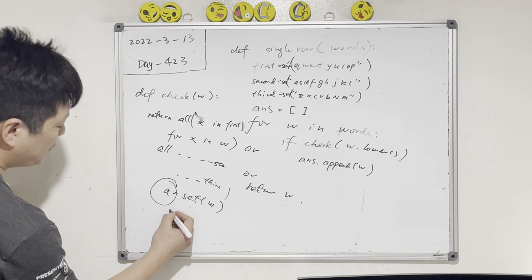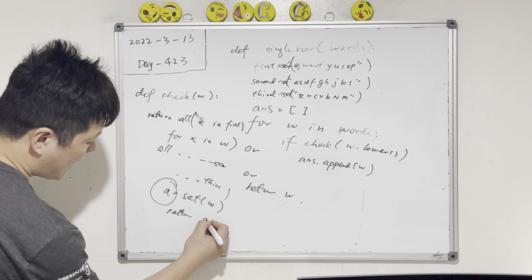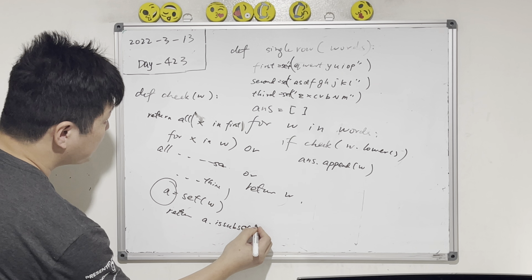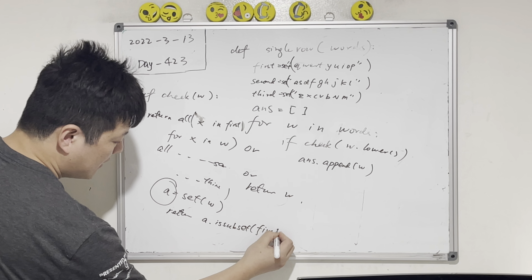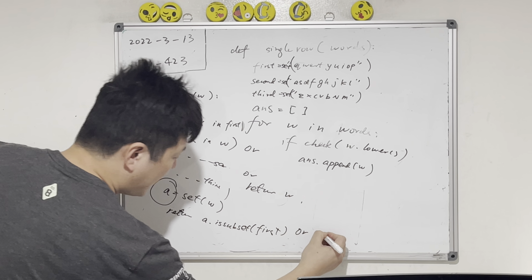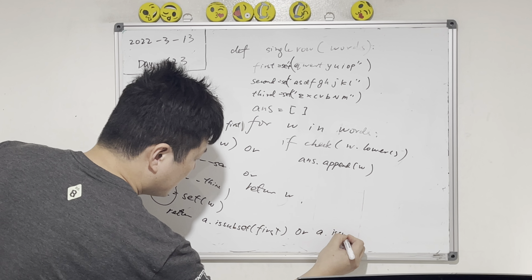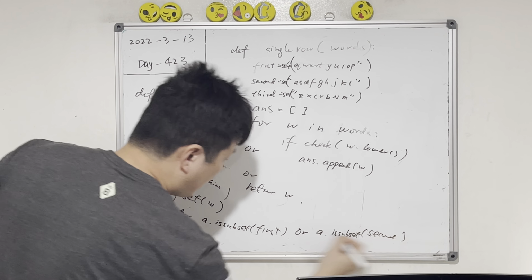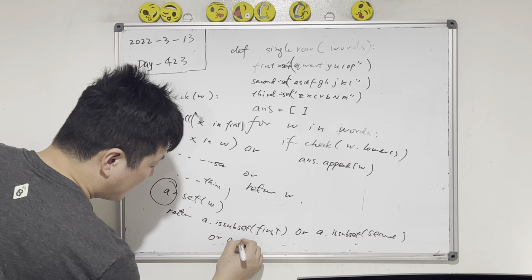So we can return A.issubset of first, or A.issubset of second, or A.issubset of third.